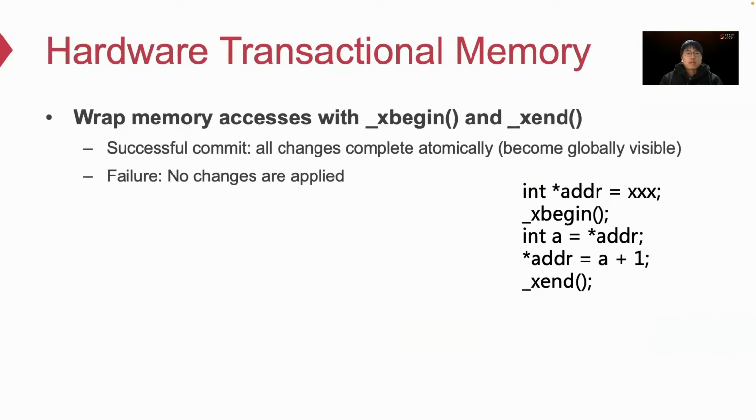Previous approaches are limited to the atomicity unit of CPU writes. Intel's Restricted Transactional Memory, RTM, can provide atomicity of multiple updates. We can wrap several memory accesses with xbegin and xend. If the transaction commits successfully, all changes will complete atomically. If the transaction fails for some reason, nothing will be changed.